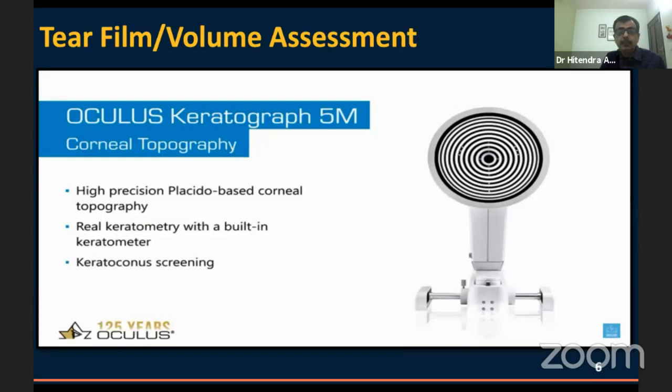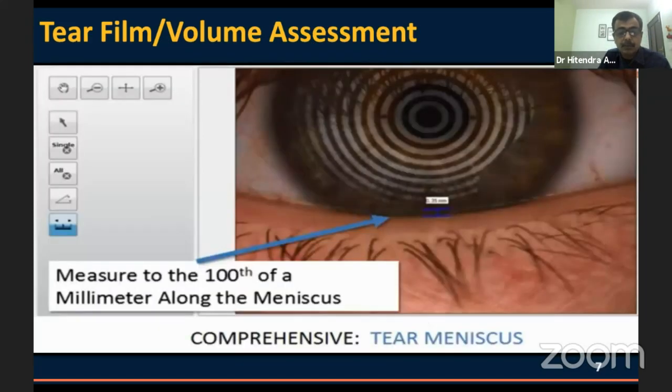And if you have some more money to spend, you can have expensive instruments like the Oculus Keratograph, which will give you a lot of information.